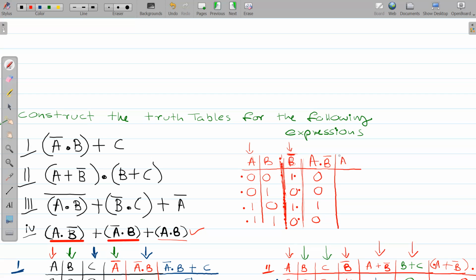So first of all, I have to create the A bar line. So A bar can be taken by referring to this column. So like 1, 1, 0, and a 0 is going to be there.